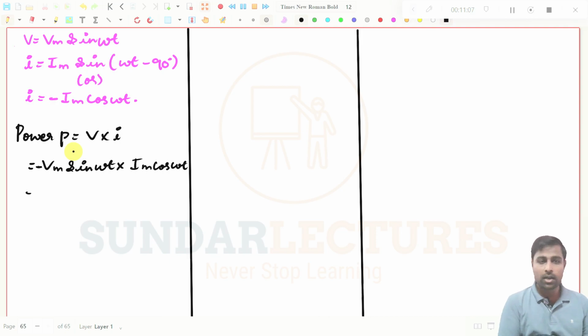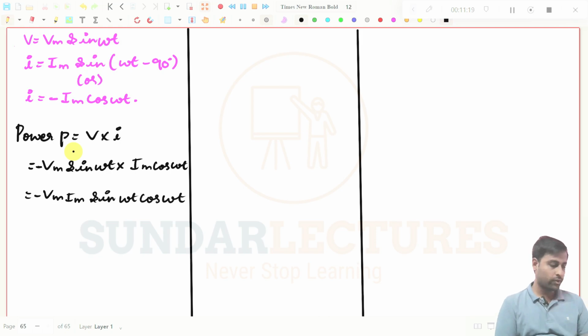So we can write it as minus Vm Im sin omega t cos omega t. And we know that sin a cos a can be written as sin of 2a divided by 2, right?